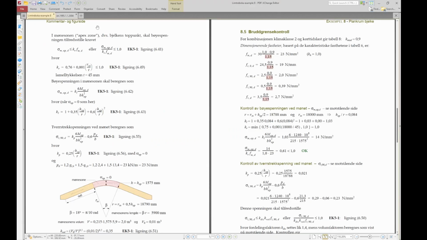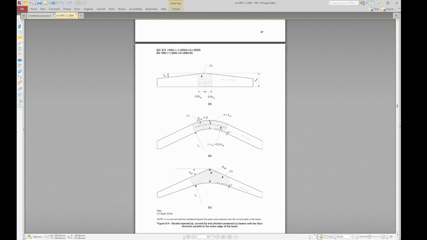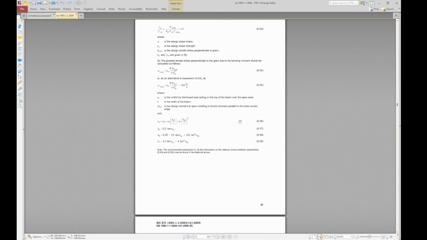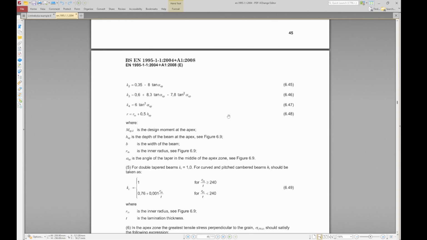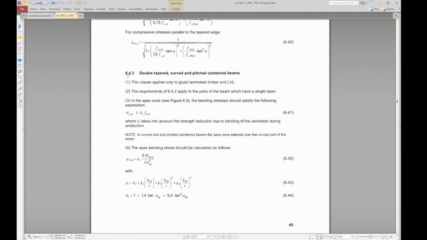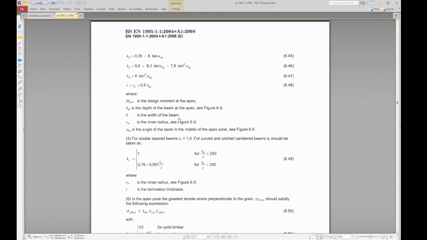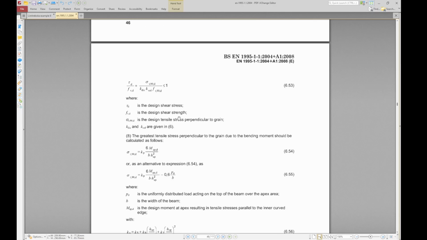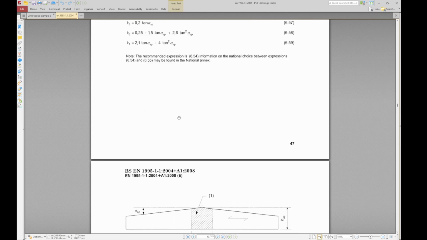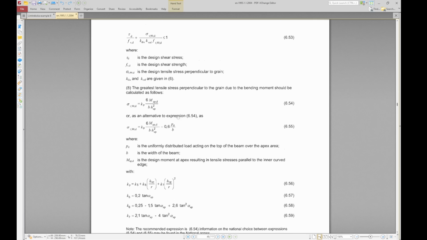The check, of course, is done according to the Eurocode, so let's just check that one. The curved beam is the checkpoint 6.4.3, and you have the formula for this check, which is done in this section.